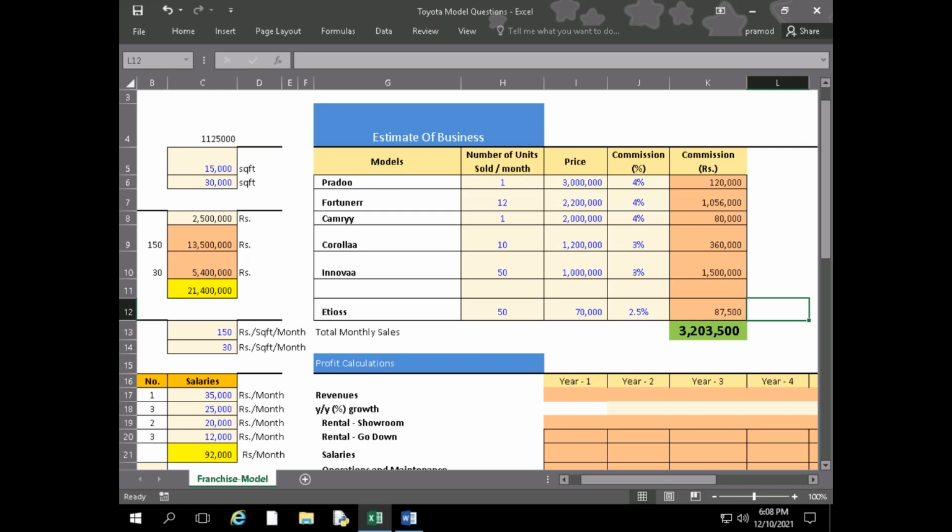So we can drag down the options. You can drag from the first one. Okay, sir.